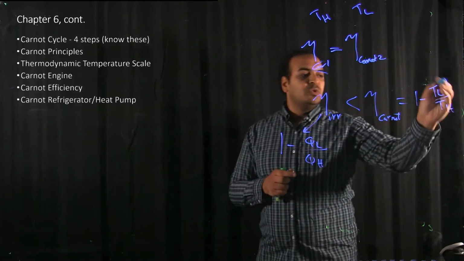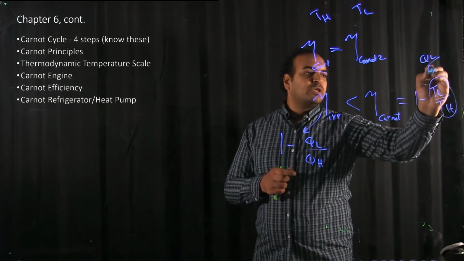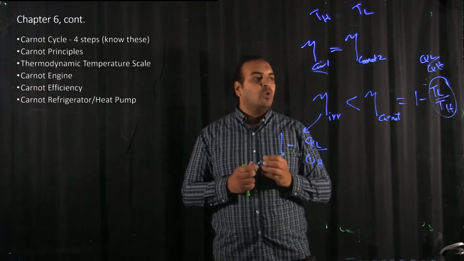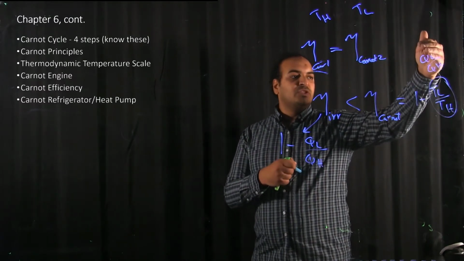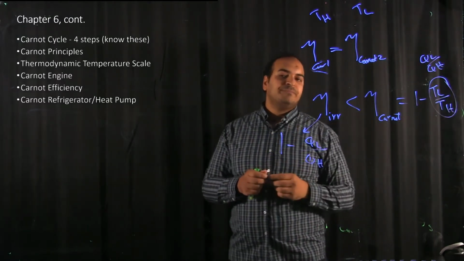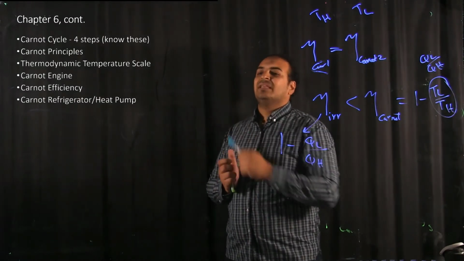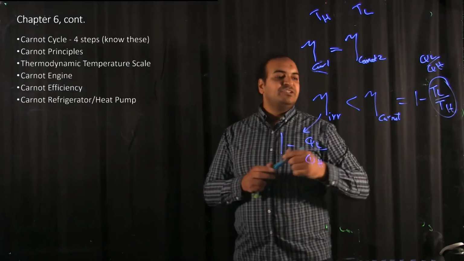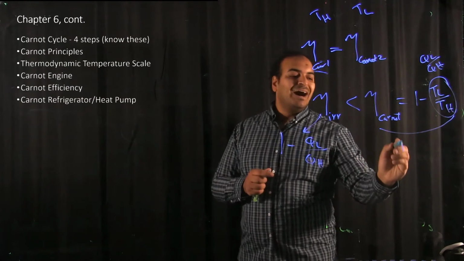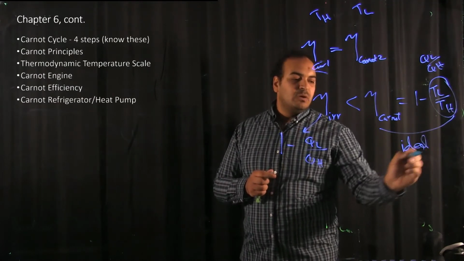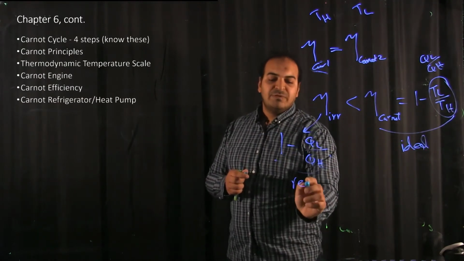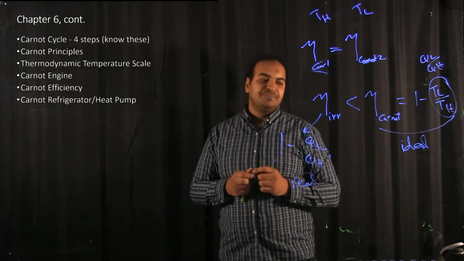Q low over Q high equals T low over T high, or Q high over Q low equals T high over T low. This is called the thermodynamic temperature scale. This is the efficiency of the Carnot cycle, the ideal performance, while this is the real performance of a heat engine.